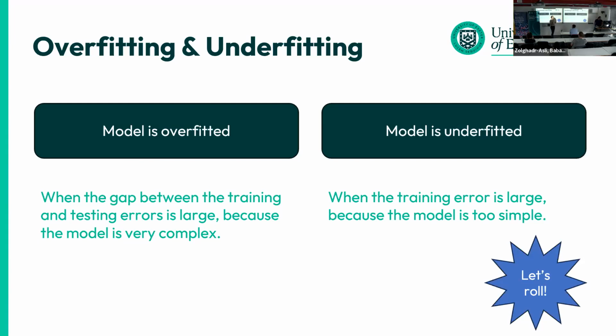It's like the model memorizes the train set data, and it is not accurate enough to predict the test set data, because the model is quite complex. But in underfitted models, the model is so simple that it is not even able to predict the train set. Yeah, I am the dumb child.